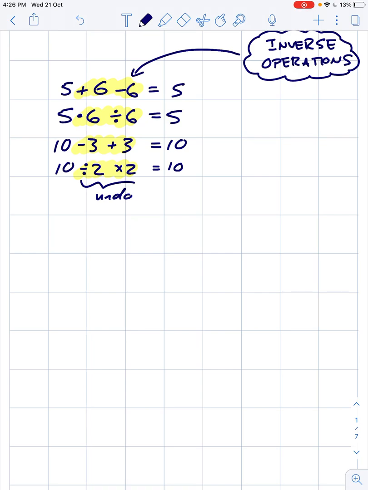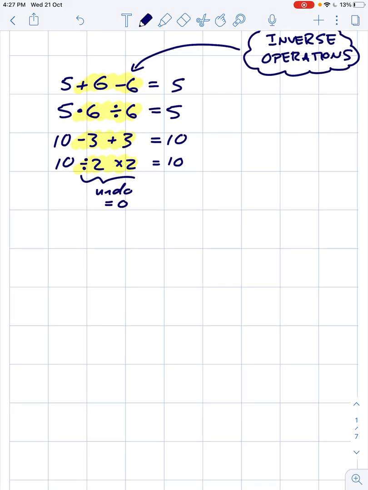And so that's what an inverse operation is. It's something that undoes a number, or essentially makes it equal to 0, because it's not changing that initial starting number.